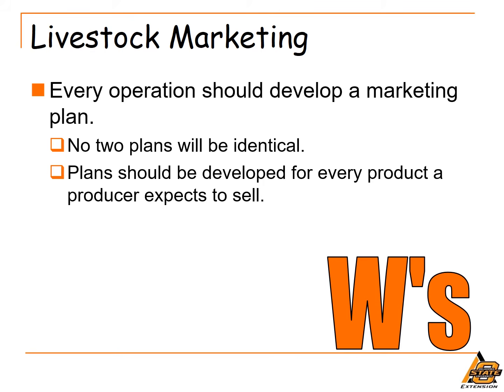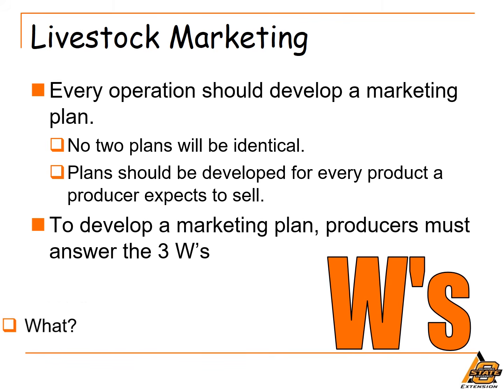They should always develop a plan for every product that producers expect to sell. A lot of times producers don't think they have more than one product. For example, cow-calf operations think they only sell calves. We're going to talk about how that's not always the case, and that we should evaluate each aspect of the operation and develop a plan for that product.